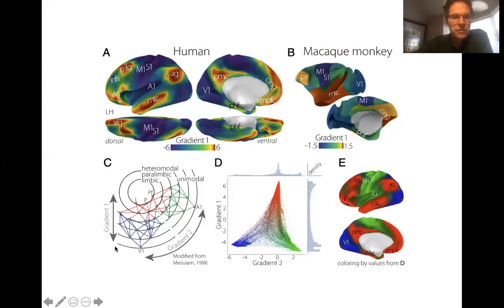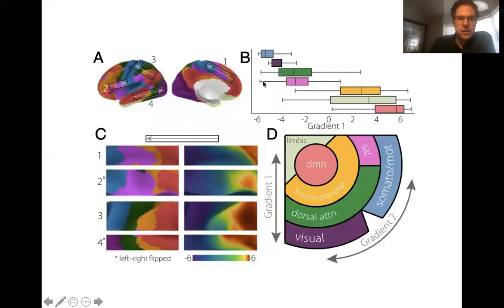So this second gradient describes the transition from one main low-level sensory modality to a secondary main low-level sensory modality. We move along the first gradient being hierarchical, and then the second gradient being more of a lateral move. Now in this A figure, we're looking again at that canonical 7 network organization.